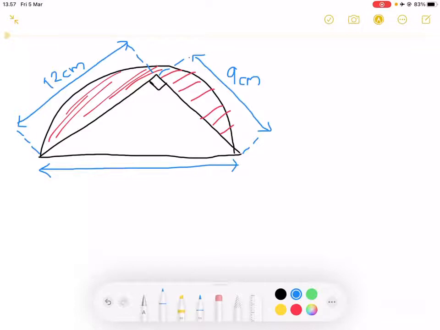If you compare this length to the other sides, this one is pretty a lot larger than the others. So I will let you guys calculate this length right here, and what you get is this will be equal to 15 centimeters.